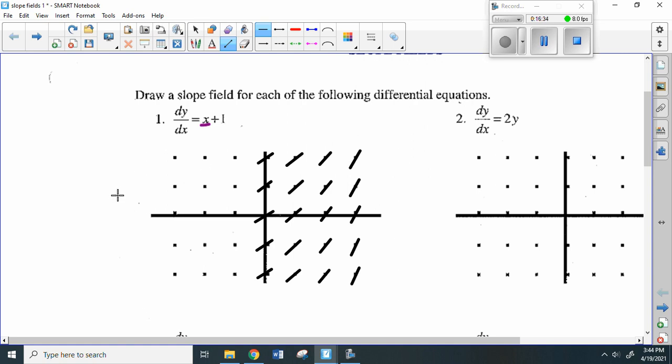Now, let's go in the other direction. If I plug in an x value of -1, -1 plus 1 is 0. So all of these have a 0 slope, which means our little line segments are all going to be horizontal. Then if I plug in -2, I get a slope of -1, so now we have a 45-degree angle, but in the negative direction.